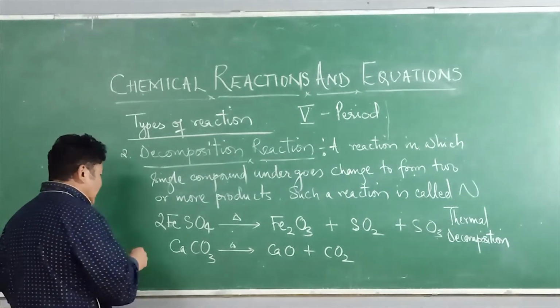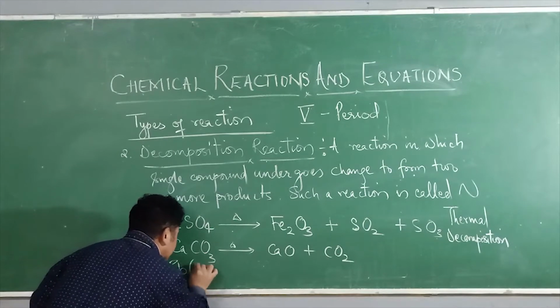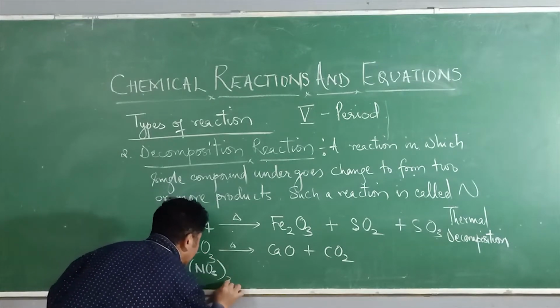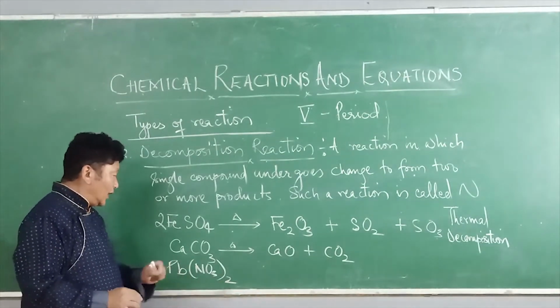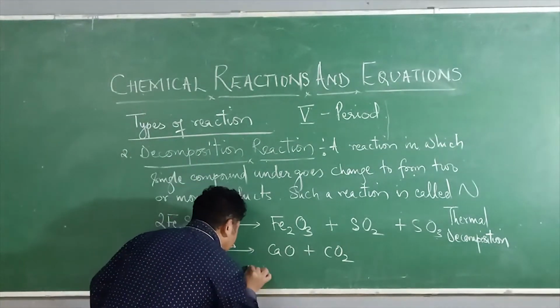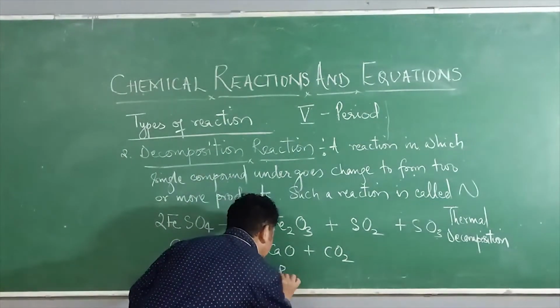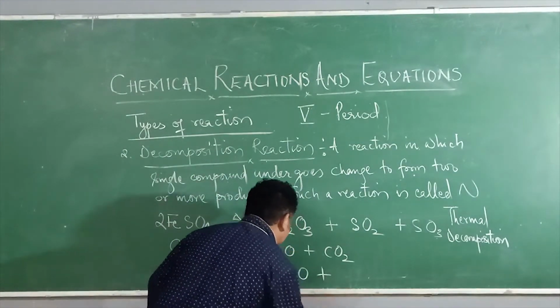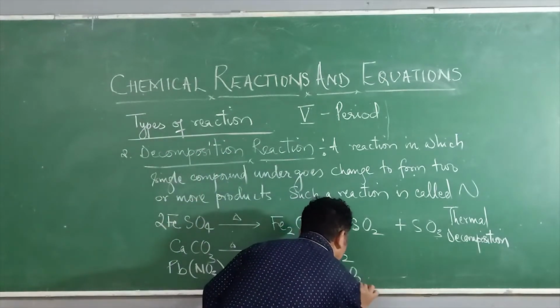Then the lead nitrate. Here the valency of lead is 2, and lead nitrate on heating, thermal decomposition, you are going to get lead oxide and nitrogen dioxide.